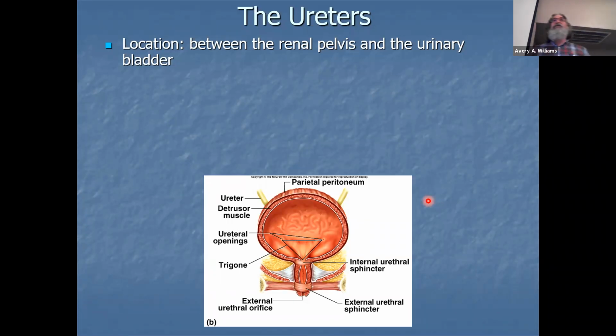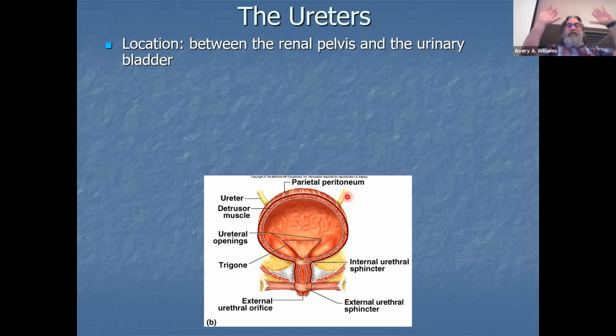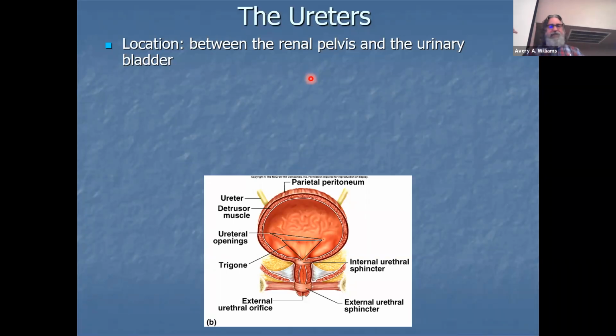Now for the ureters. This is the best picture I at the time could find for the ureters. Just these little tubes in the back. But remember, they come from the renal pelvises that are in the sinuses. All right, and so here is your background on the ureters: location between the renal pelvis and urinary bladder.